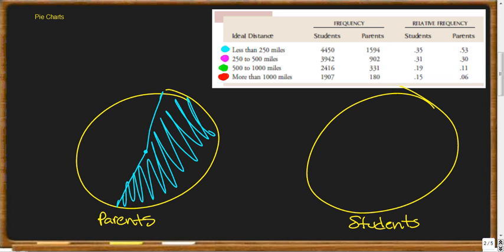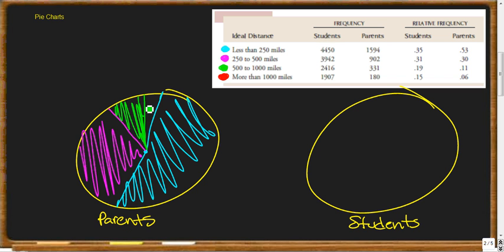And our purple is going to be at 30%. Actually, that's not good. So less than 30%, so it's more than a quarter. So we're like here. And then we have 11% and 6%, so very, very small. So we can see a good breakdown there.